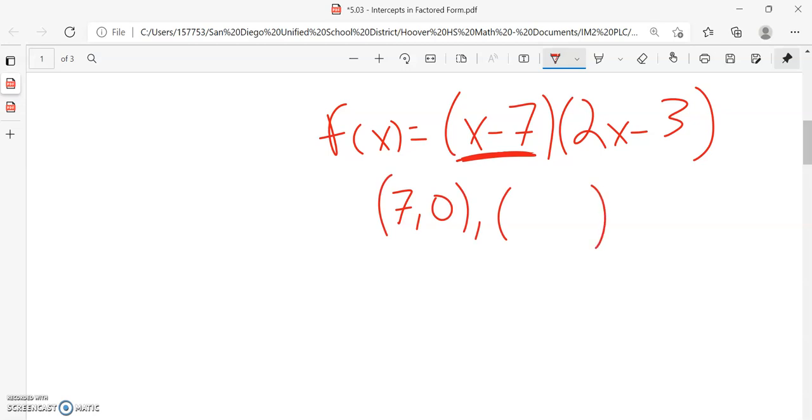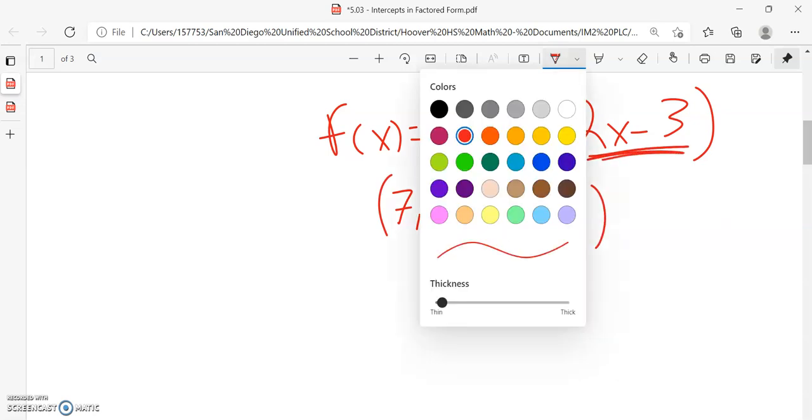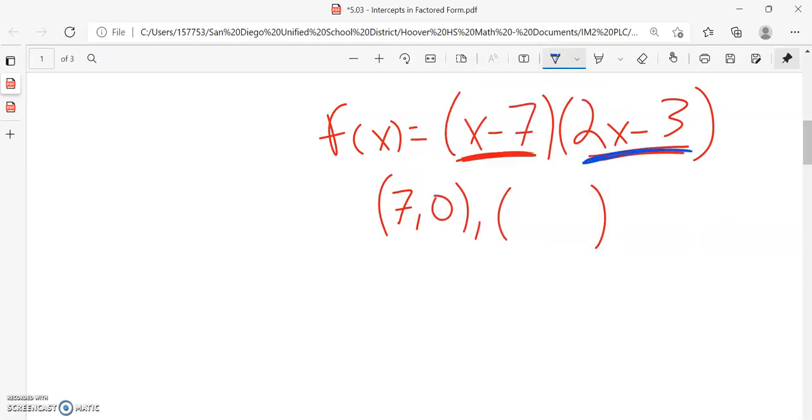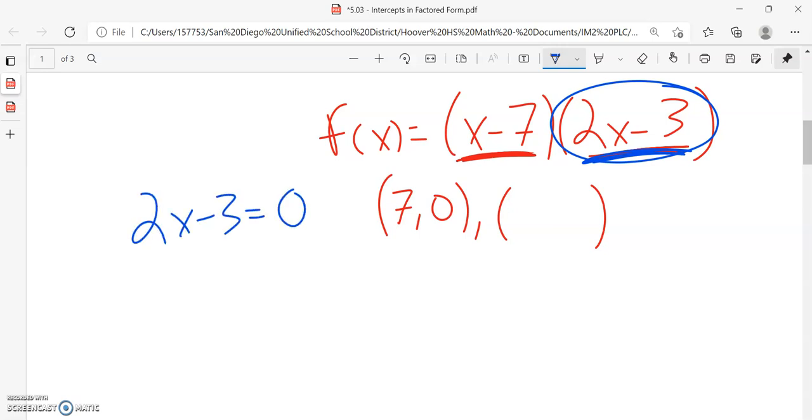I want you to be careful on this one, though. This one in blue. It's not just positive 3. We need to set this whole thing to equal 0 and then solve it for x. First step, we add 3 to both sides. So we get 2x equals 3, and then we divide both sides by 2.